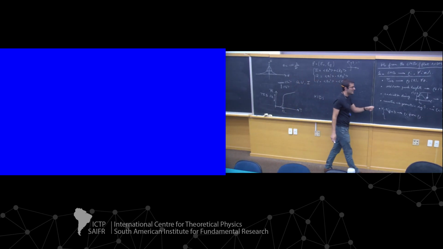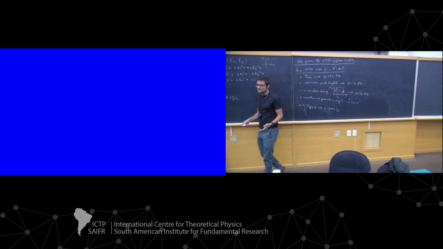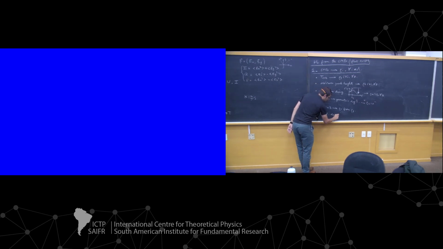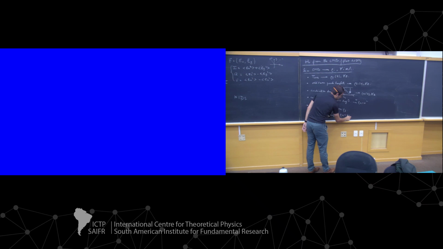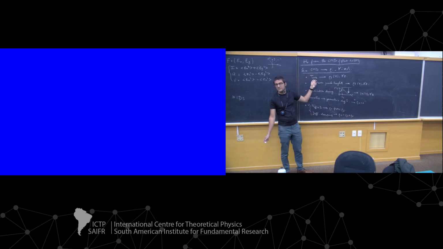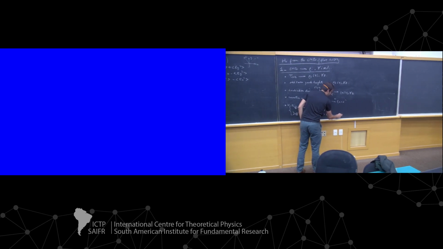So by looking at how much Silk damping you see, you actually measure rho radiation. So diffusion damping gives you rho radiation, which is rho photon plus rho nu. And you know rho photon from the CMB temperature, so you know rho nu.